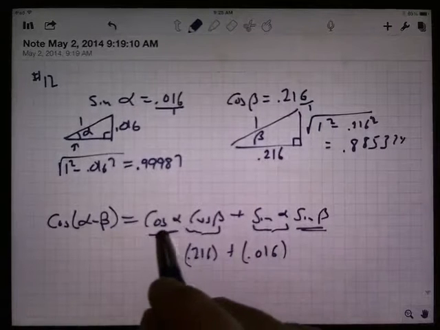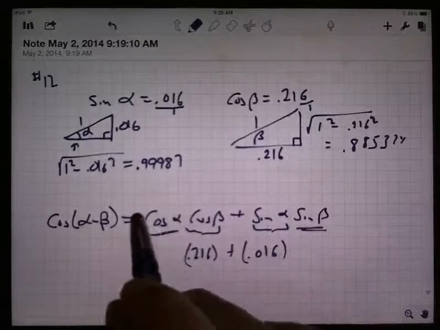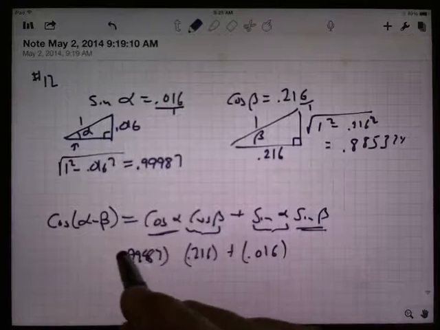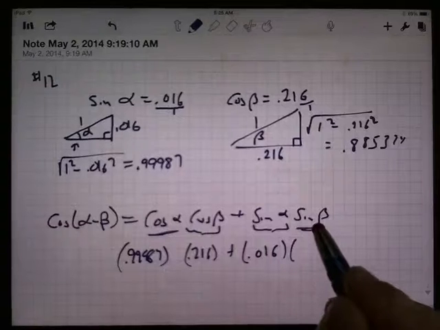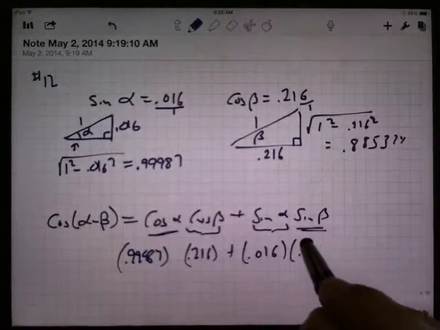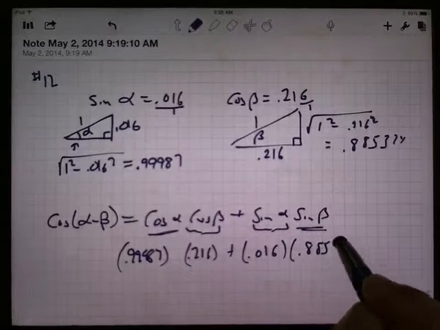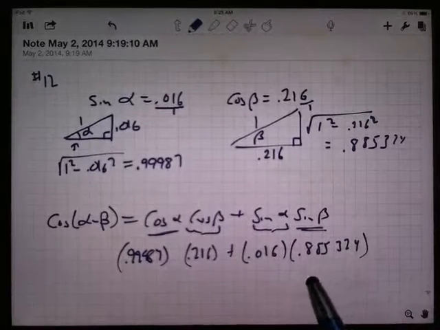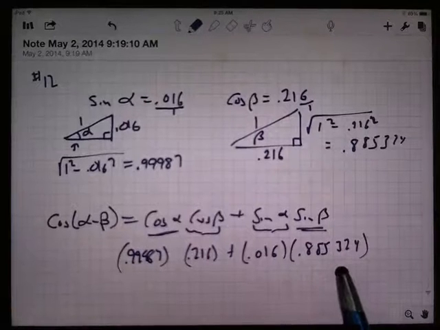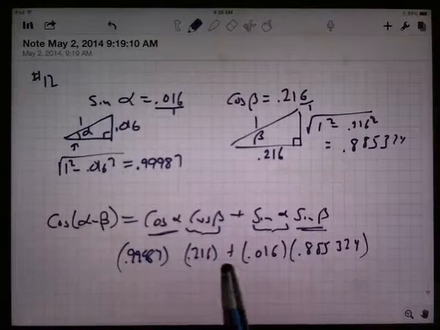So the cosine of alpha is 0.99987, and the sine of beta is 0.885324. Now I can multiply these things together and add.